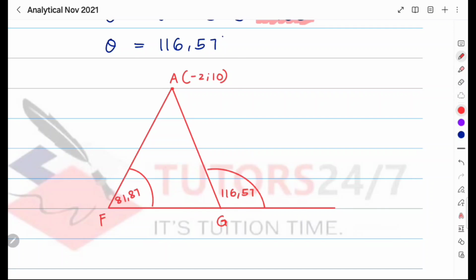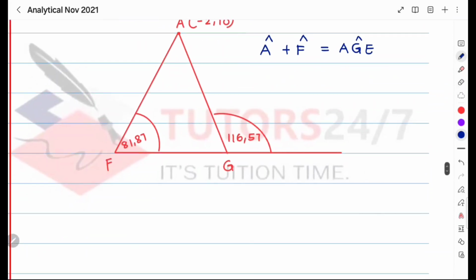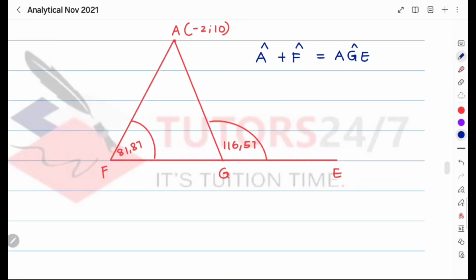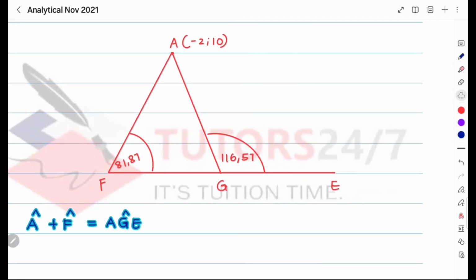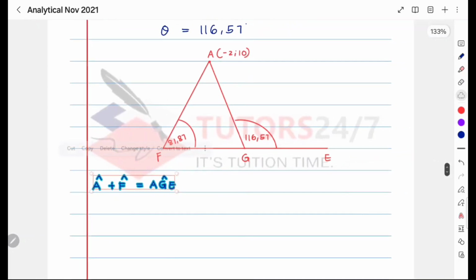To determine the angle at A, we are going to state that the angle A plus the angle F is equal to the angle AGE. And our reason for this, so let's just bring this down here where we have more space.